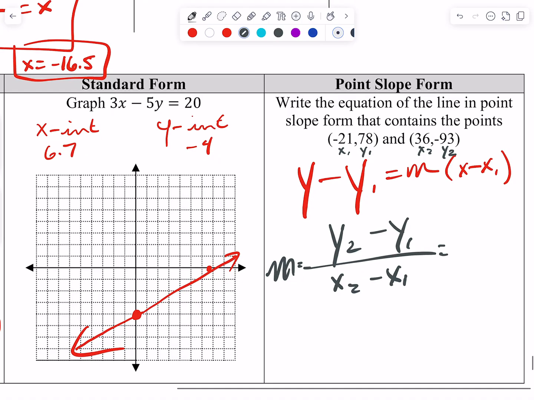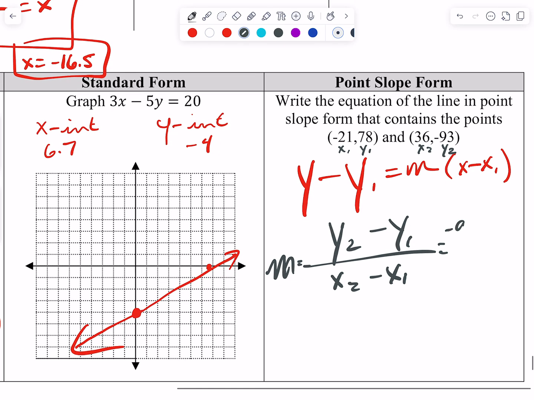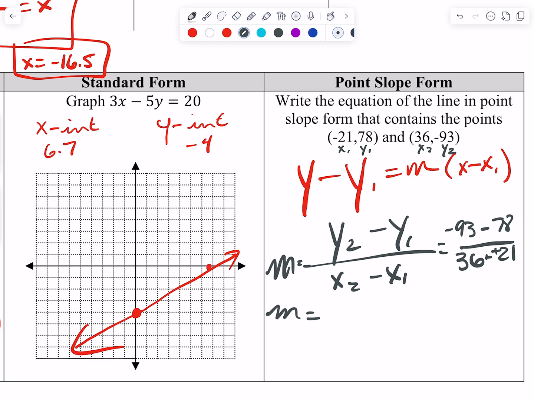So let's see, y sub 2 would be negative 93 minus 78 over 36 minus negative 21, but that becomes positive. So our m is going to be, let's see, that would be negative. Wait, did I do negative 93? No, I did that right.